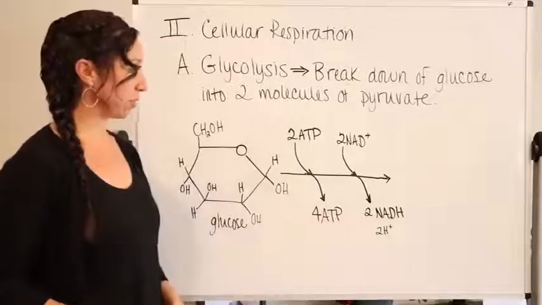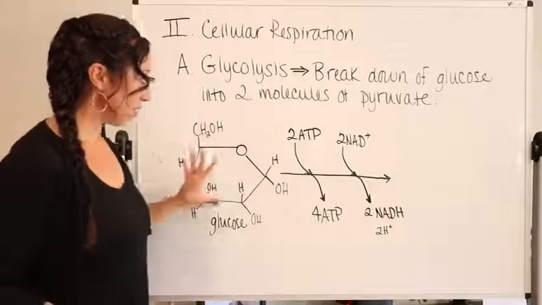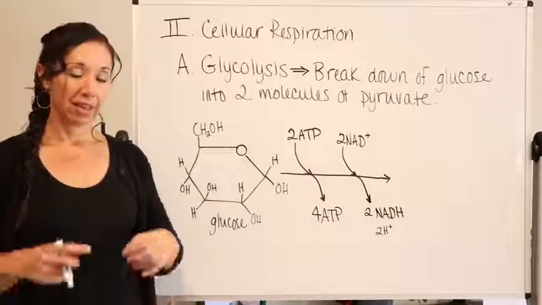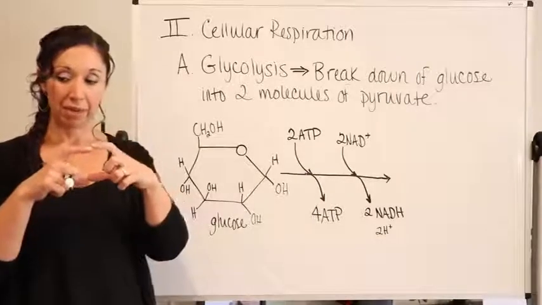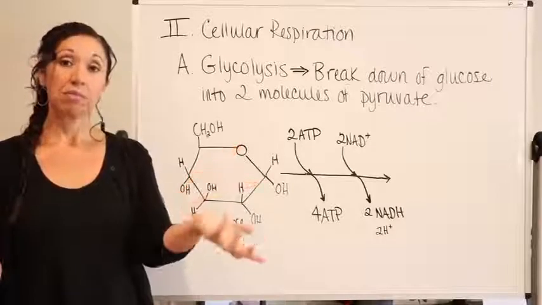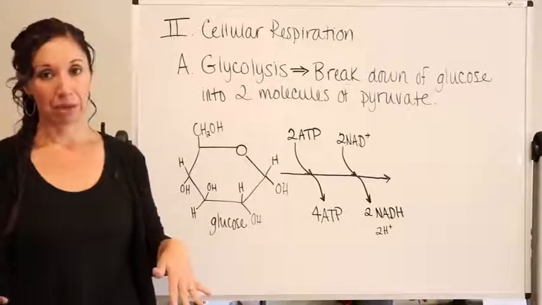That's just how it works. And then what glycolysis does, all these series of reactions are literally going to cut this glucose in half. It's going to take this 6-carbon ring and break it into 2 3-carbon chains. So you're keeping the carbon count the same, but the oxygen count is going to be completely different.